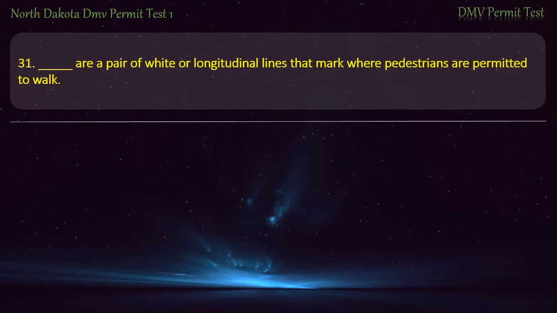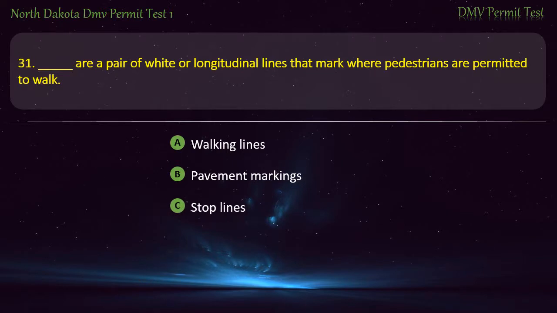Question 31. What are a pair of white or longitudinal lines that mark where pedestrians are permitted to walk? Walking lines. Pavement markings. Stop lines. Crosswalk lines. Answer. Crosswalk lines.